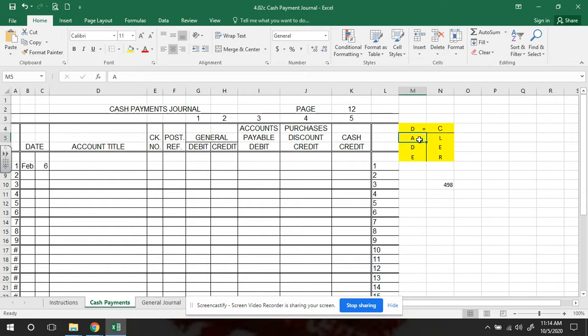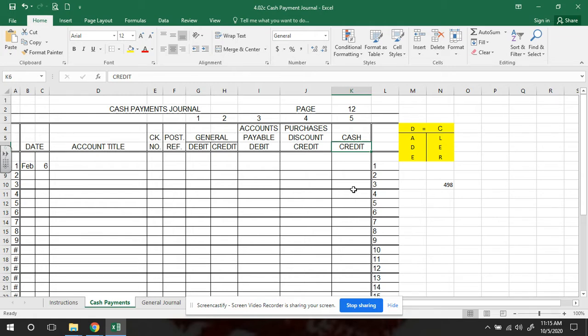Assets, drawing, and expenses increase on the debit side. They will decrease on the credit side. This is a cash payments journal, which means we're paying cash on every one of these transactions. So cash will be a credit on every transaction.